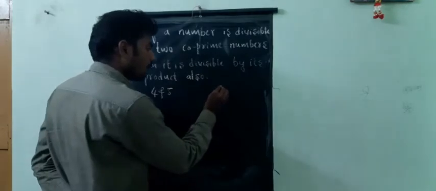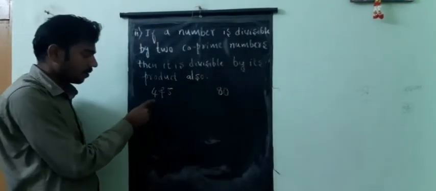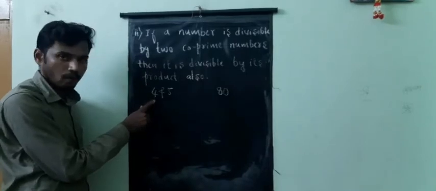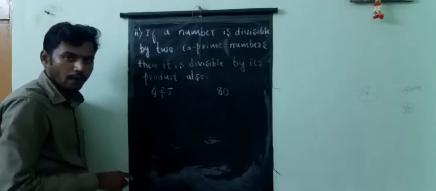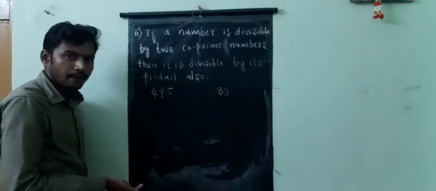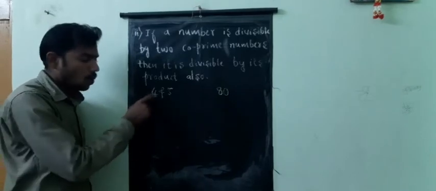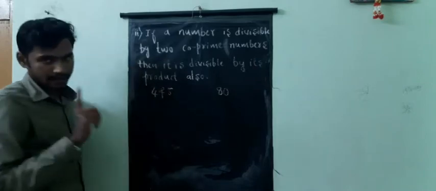I will take one more number, 80. So 4 and 5 are co-prime because the factors of 4 are 1, 2 and 4, and the factors of 5 are 1 and 5. What is common? 1 is common. Co-primes are numbers that do not have any common factor except 1.